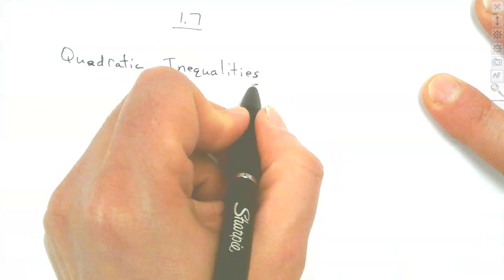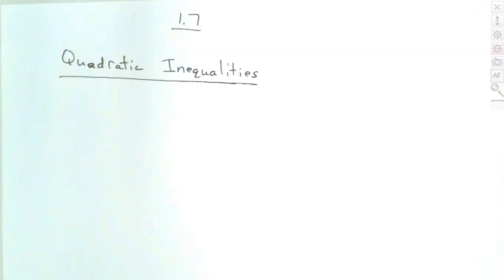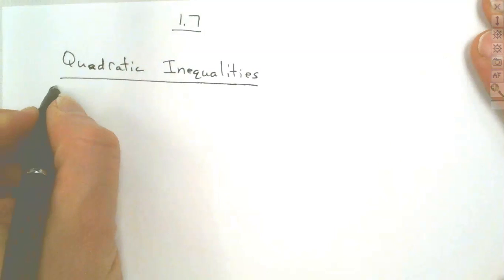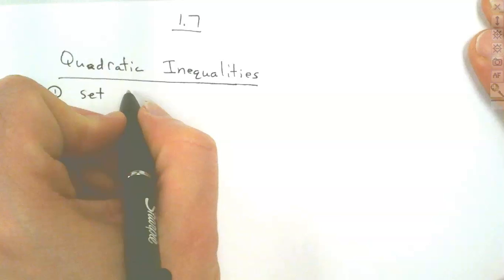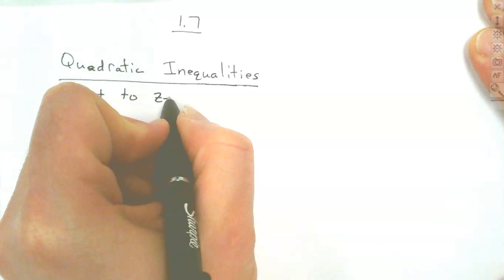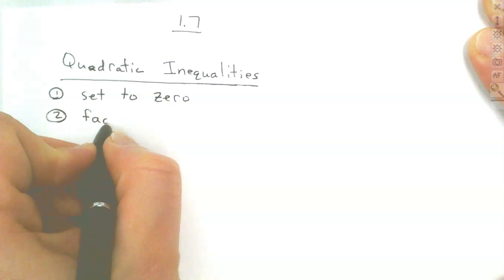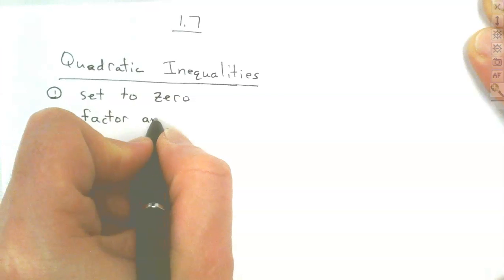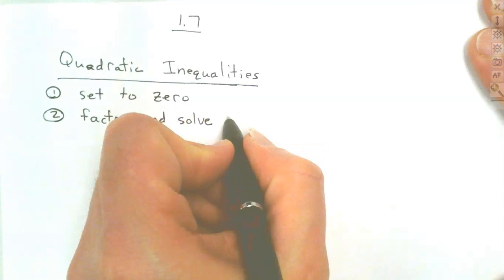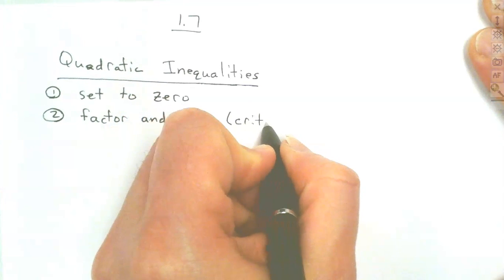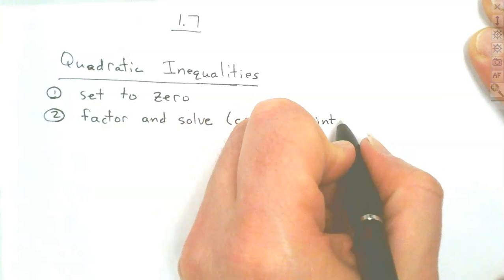Now these have a special step-by-step procedure to solve them. The first thing we want to do is set it to 0. Then we want to factor and solve. And these are going to be our critical points here. They're not solutions, they're critical points.